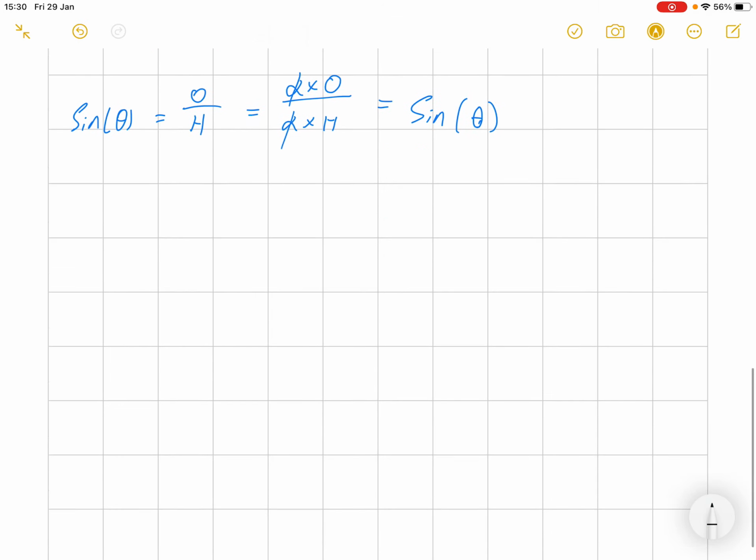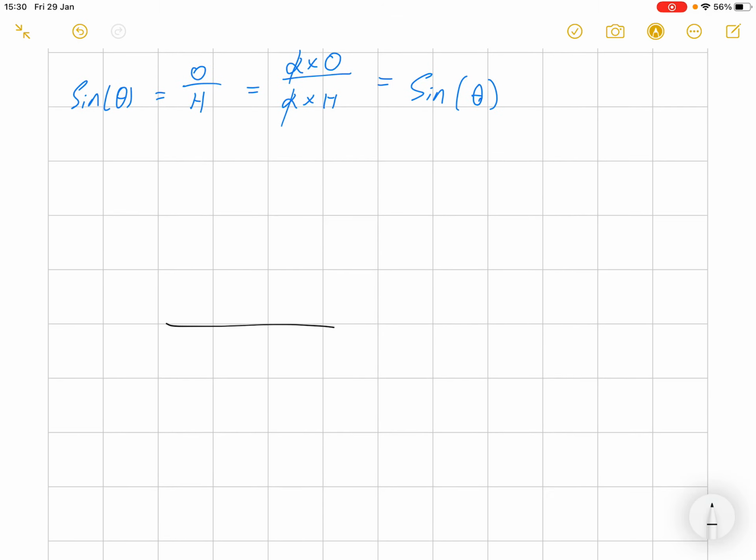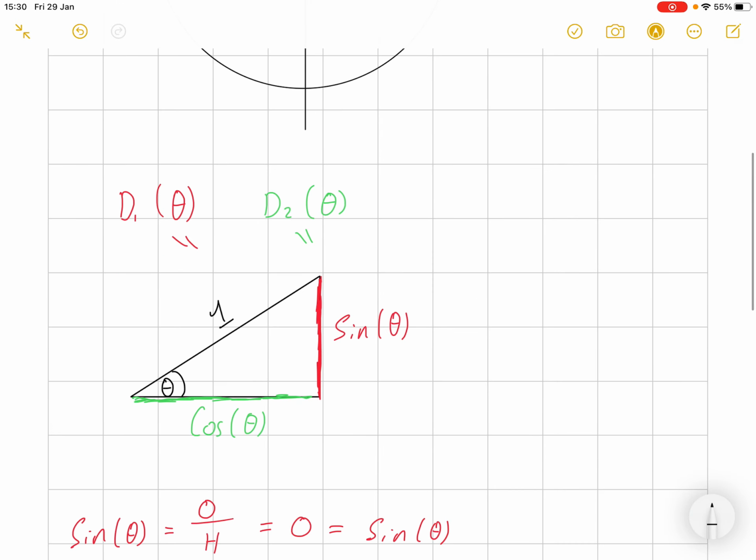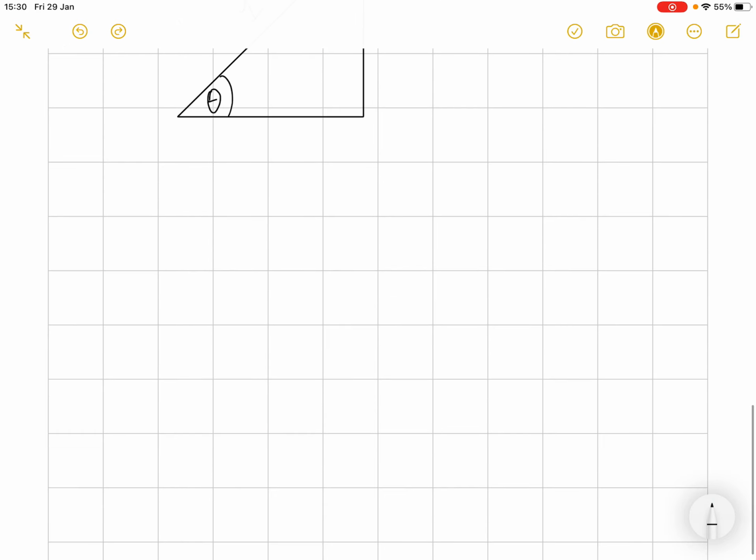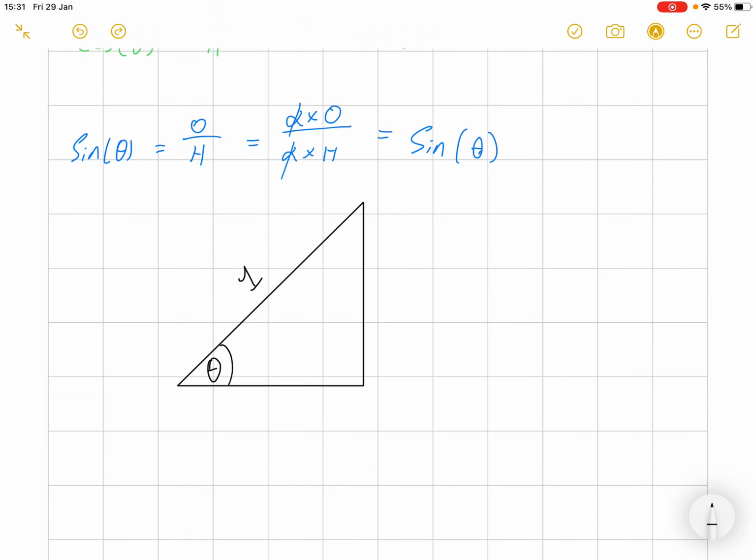And lastly, we'll look at one more property. Take our right angle triangle, or a reasonable facsimile of one. I should have said this case-specific right angle triangle. The radius is equal to 1. This is sine of theta, and this is cosine of theta.